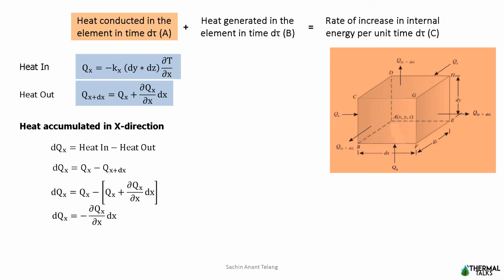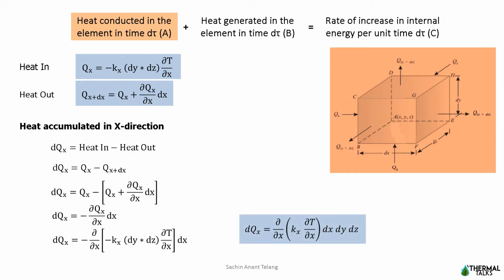Now substitute the value of Qx from the heat in equation, we'll get this equation, and remove the constants dou y, dou z out. Finally we can get heat accumulated in x direction is nothing but partial differentiation of the term thermal conductivity of material in x direction into temperature gradient with respect to x direction into dx dy dz.